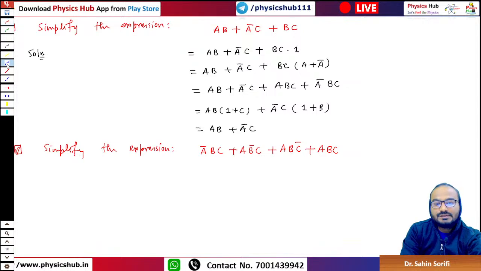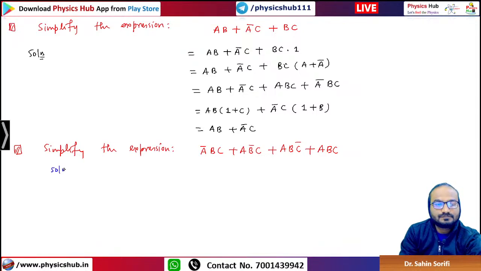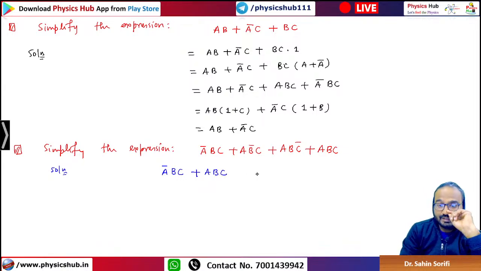Okay. If you look at this problem, here we have A complement BC. So BC related term is there here. So let's take that. A B complement C, and here A B C complement. So what you can do, we can write it this way.